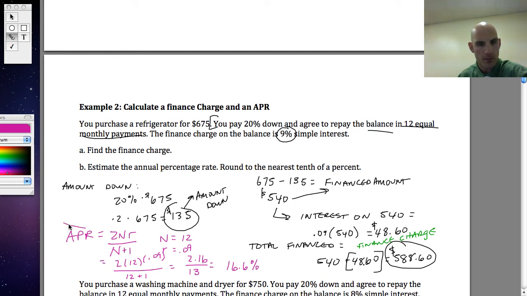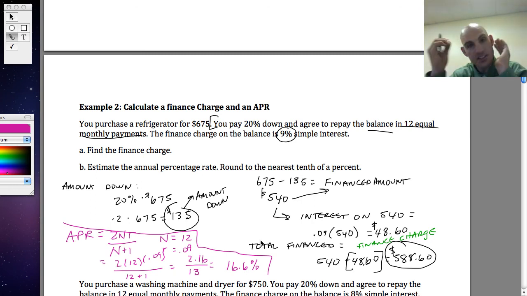Where does this come from? This is the actual amount of interest that I'm going to pay. That's my actual percentage, because that's the yearly rate, because I'm paying that 9%. Actually, the APR is what is actually being charged. That 16.6% is the hidden fee that really comprises what I'm paying to get this fridge financed.